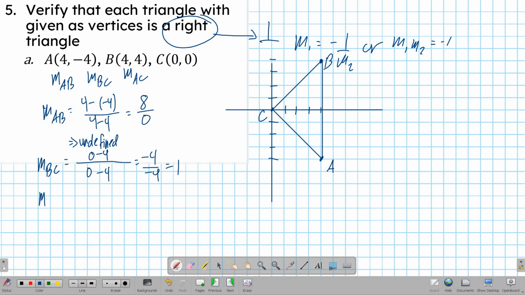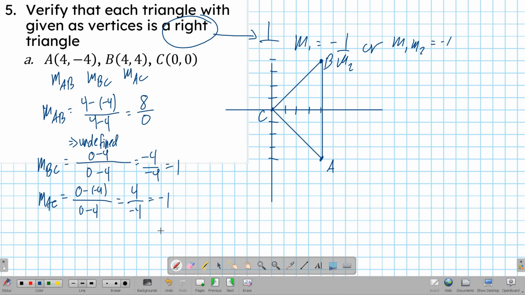So the slope of AC is equal to, we have 0 minus negative 4 all over 0 minus 4. 0 minus negative 4 is positive 4, while 0 minus 4 is negative 4, which would be negative 1, which is the negative reciprocal of what?